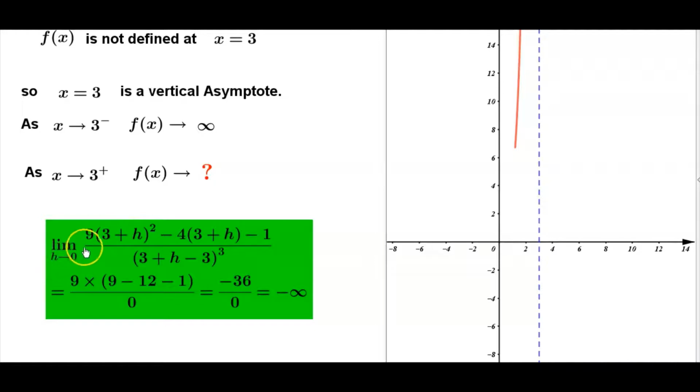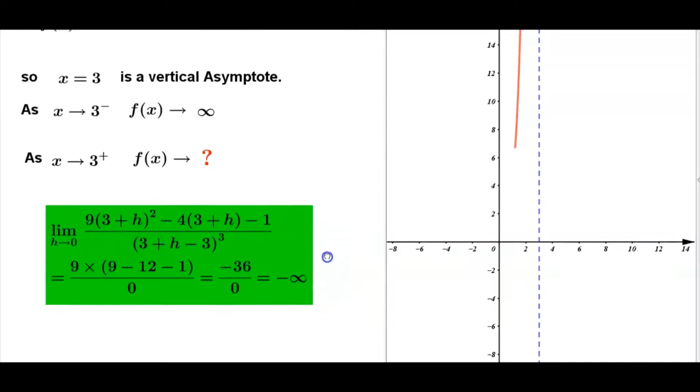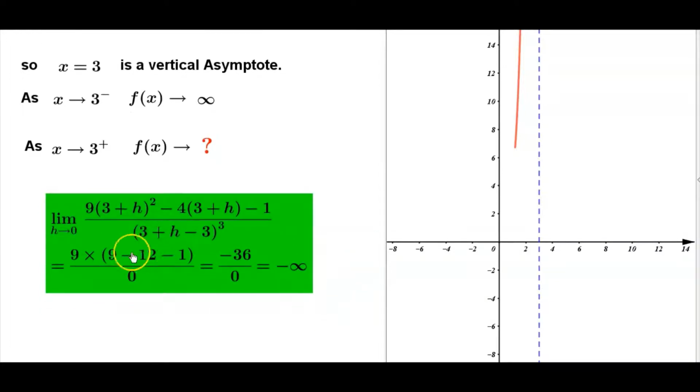Limit h tends to 0 of the function 9 into (3 plus h) squared minus 4 into (3 plus h) minus 1, over (3 plus h minus 3) to the power 3. Then as h tends to 0, this becomes 9 into 3 squared, 9 times 9, minus 12 minus 1, over 0.